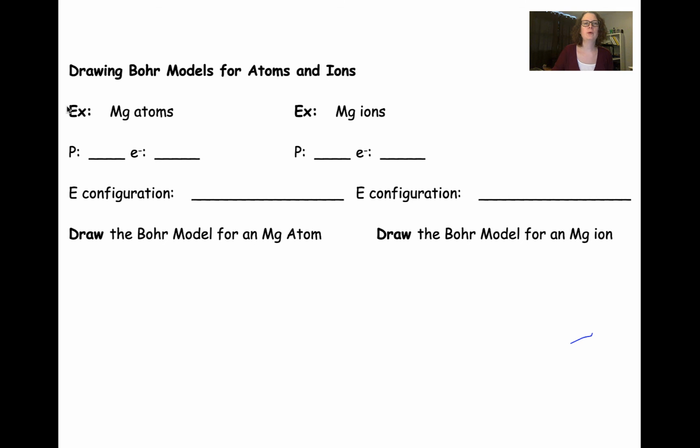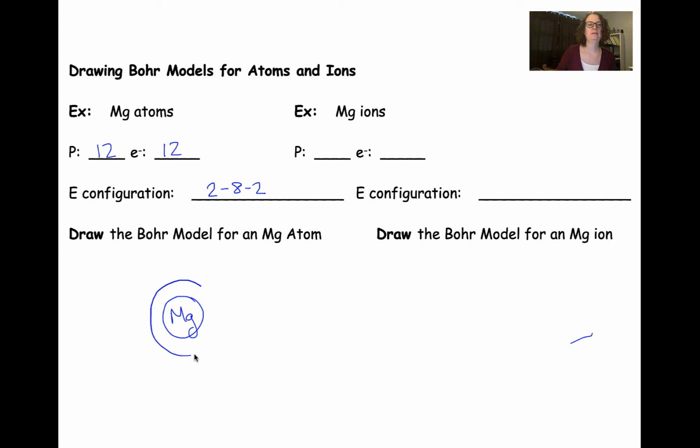We can draw Bohr models for atoms and ions using our electron configurations. For magnesium, we have 12 protons, and in a neutral atom, an equal number of electrons. Our electron configuration we can get right from our periodic table: it's 2, 8, 2. I can draw the Bohr model for this atom.